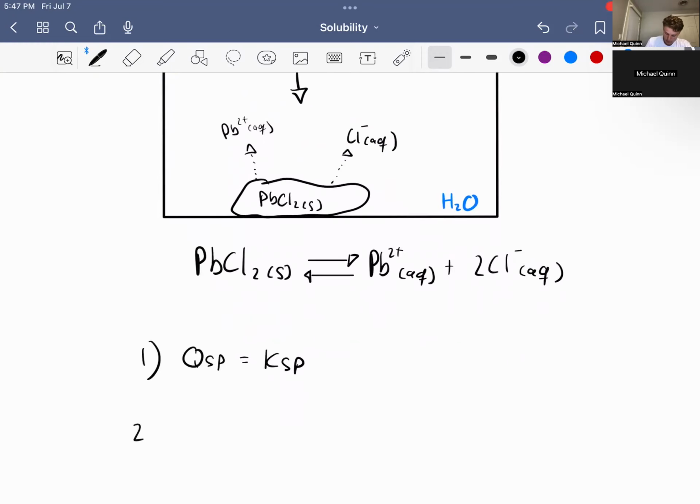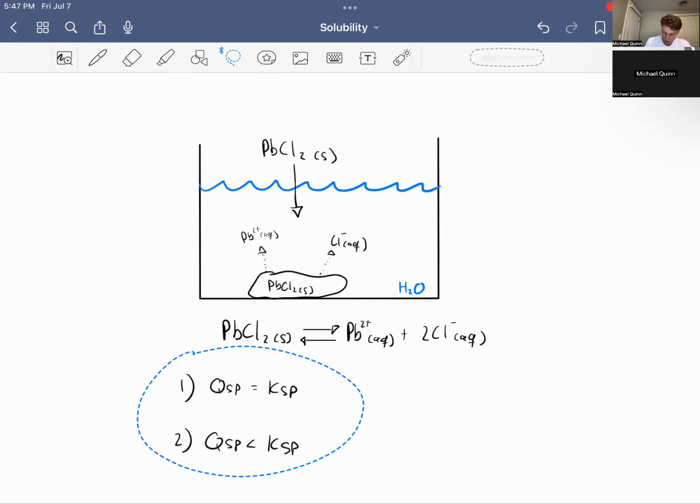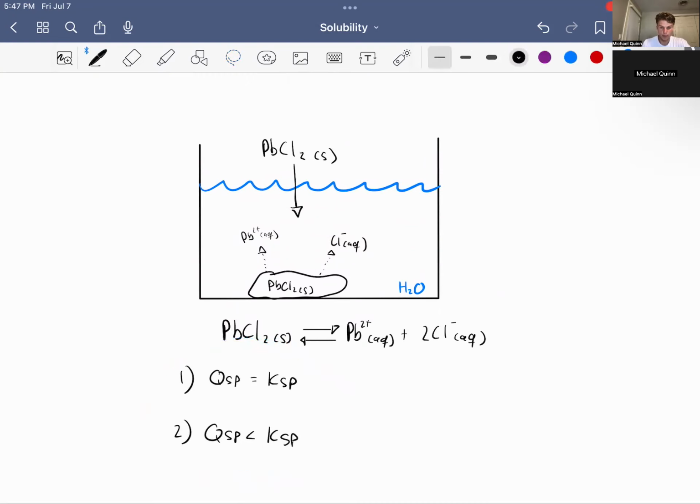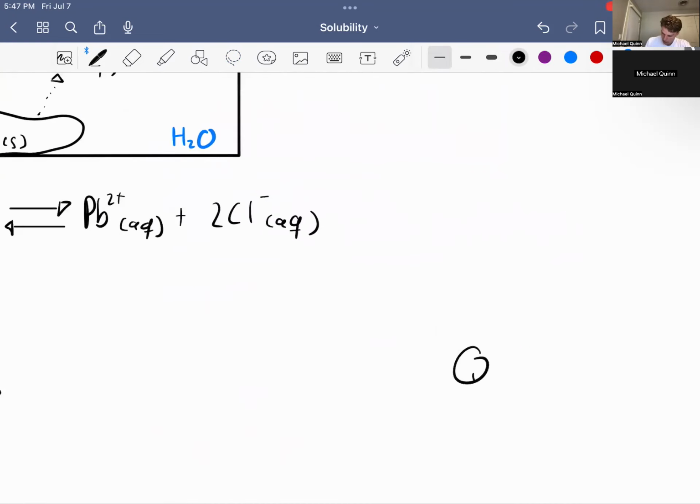If 2, Qsp is less than Ksp, that means we need to increase Q. We need to make Q bigger. Now remember, Qsp is equal to products over reactants.